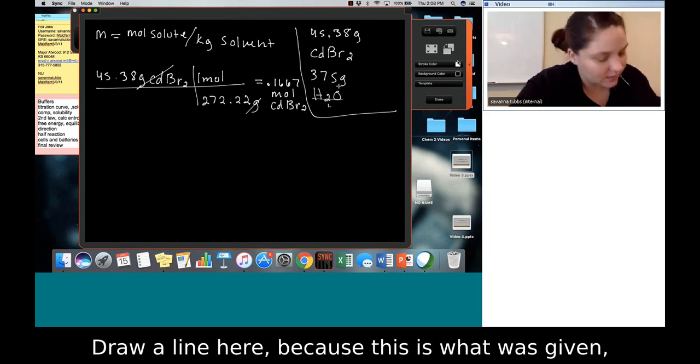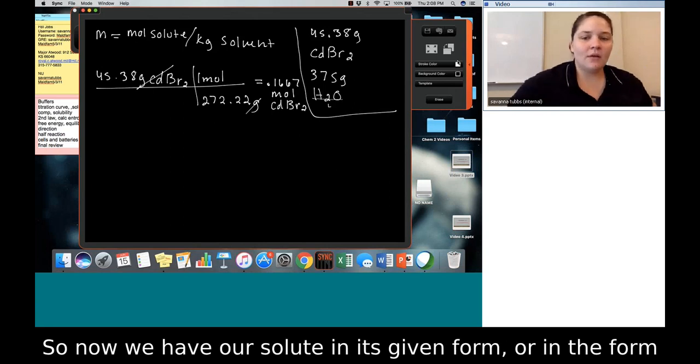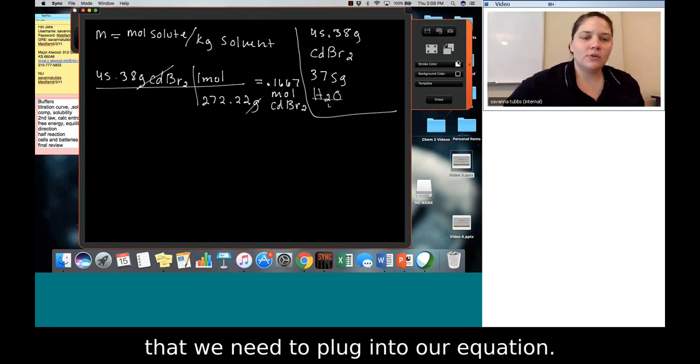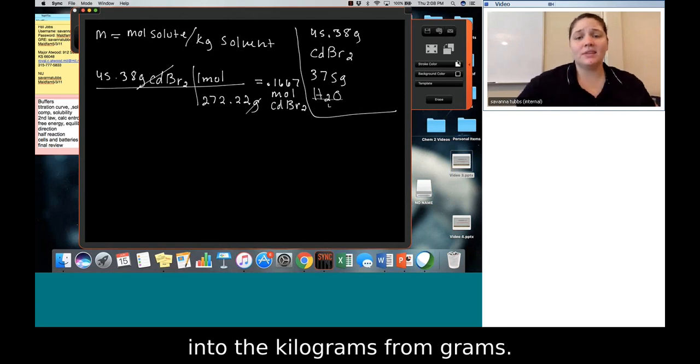Put a line here because this is what was given and this is the work that we have. So now we have our solute in the form that we need to plug into our equation. Now we need to convert our solvent into kilograms from grams.